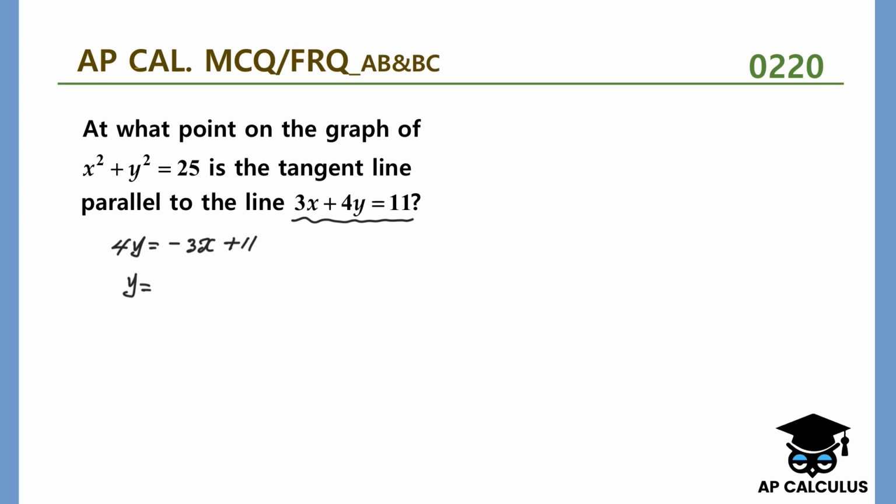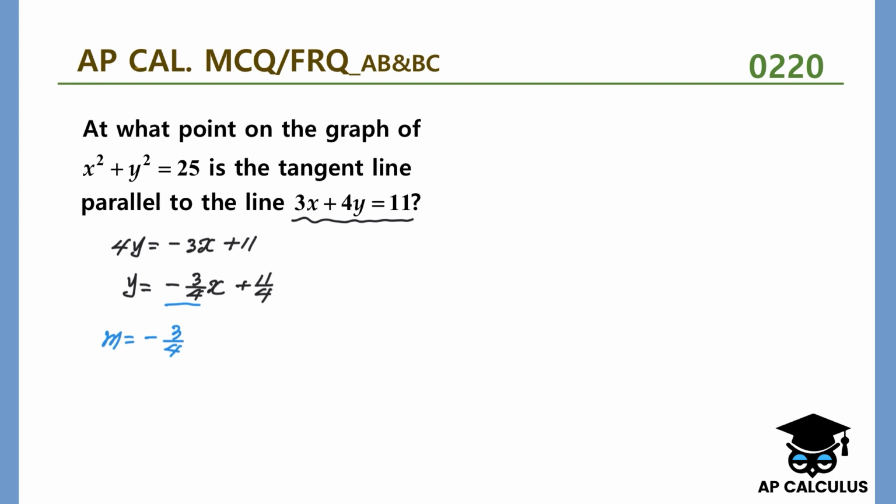So y is equal to negative 3 over 4 x plus 11 over 4, right? So slope is negative 3 over 4. So we have to find the point where the tangent line is parallel to this line. So slope of tangent line has to be equal to negative 3 over 4, right?